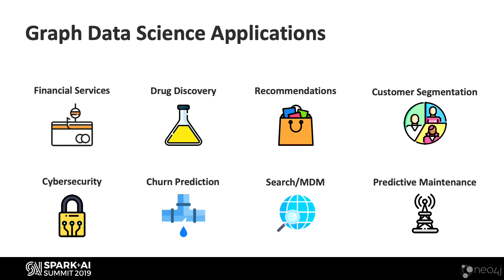Customer segmentation is a little similar to recommendations, right? It's how do I break down my customer base into relevant groups? And this kind of goes back to that smoking example we started out with. So I have a bunch of people, how do I break them out? Traditionally, you'd say, okay, I'm going to segment geographically, demographically, based on tabular data. Another thing we're seeing a lot of, especially in churn prediction, is I want to actually segment my customers by who they know and who they interact with.